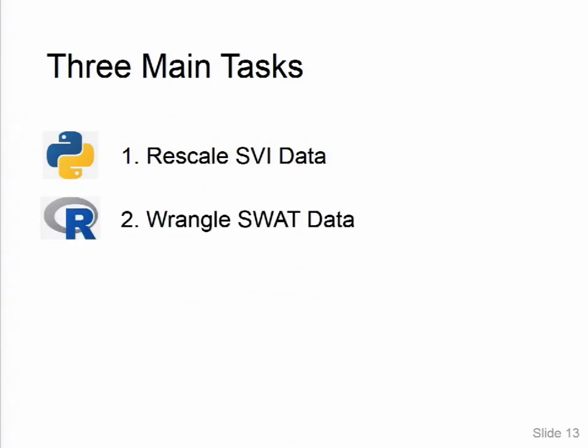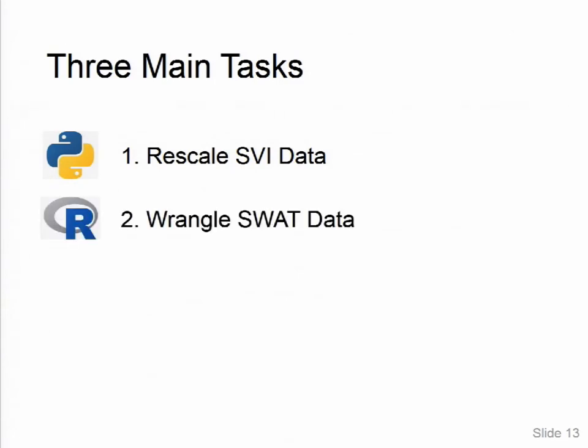So getting back to R and Python, there were three main tasks that I had to accomplish in order to generate maps for climate change adaptation planning. First, I had to rescale the social vulnerability index data. Remember I said it was at the census tract scale, but we wanted to do analysis at the subbasin scale.